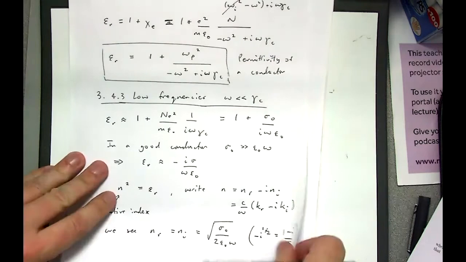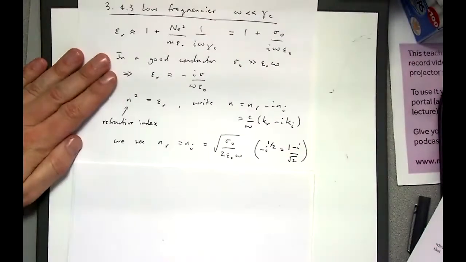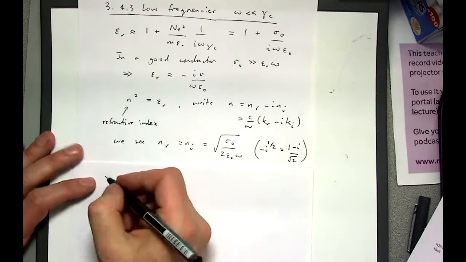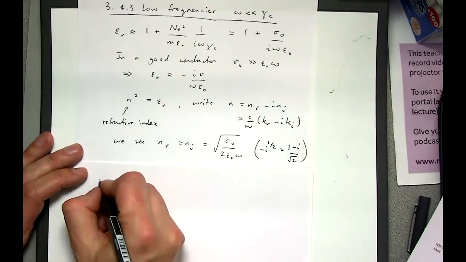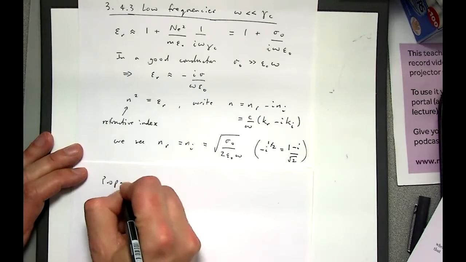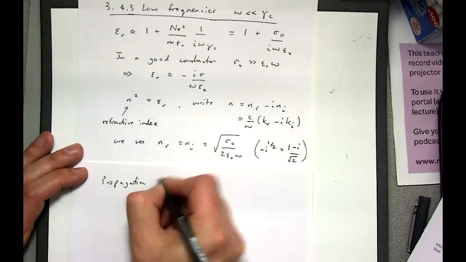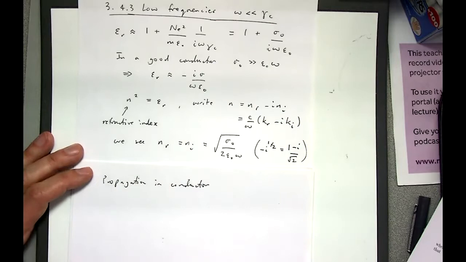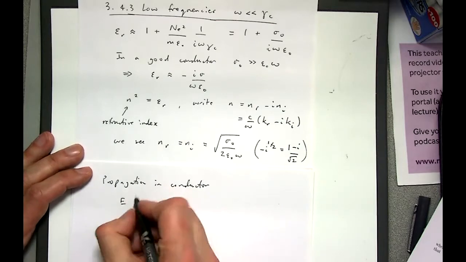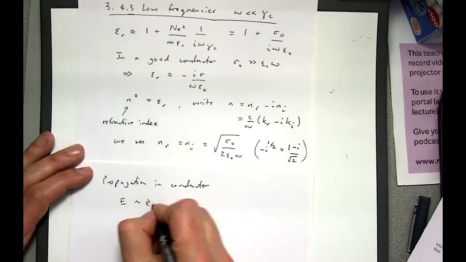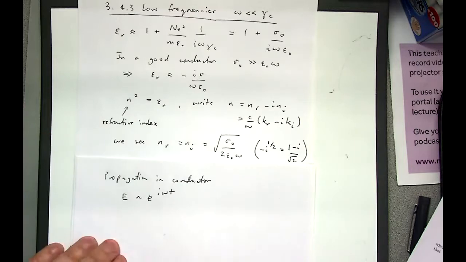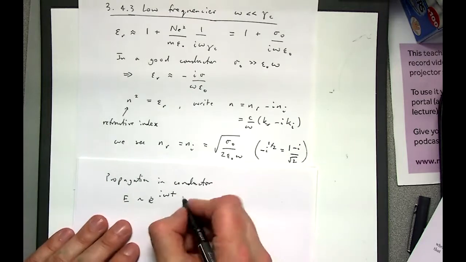So we can write down what the electric field in the conductor looks like. The propagation in the conductor. You're going to start to recognize this term now. So the electric field in the conductor, it varies. It's got obviously e to the i omega t. It's got a time variation, of course, right? And it's got a spatial variation.